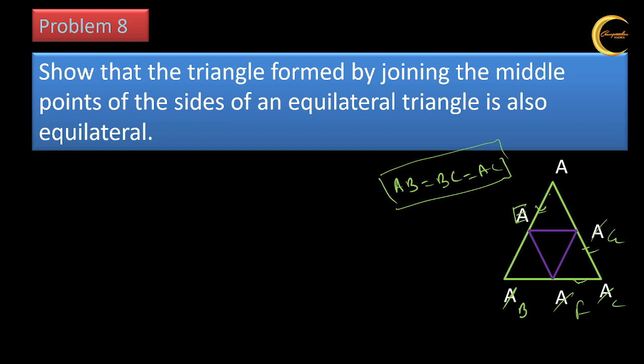So first we want to prove this one. Also, this is an equilateral triangle, so these three angles, angle ABC equals angle BCA equals angle BAC. All three angles are equal.